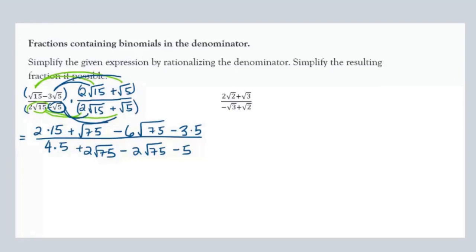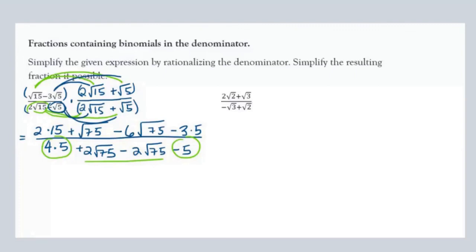The reason this is interesting is because the middle two terms in the denominator cancel each other out. Our first term is just going to be 4 times 5 is 20. Our last term is also just a number. We're going to subtract 5. And the middle two terms are identical, except that they have opposite sign.